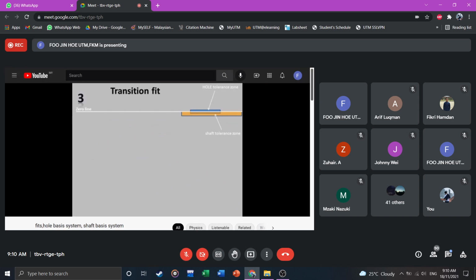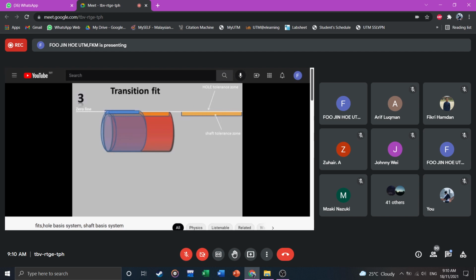This is an example of transition fit. In transition fit, the limits of hole and limits of shaft are arranged in such a way that you may get interference fit or may get clearance fit. This is the upper limit of shaft, lower limit of shaft, and tolerance zone of shaft. Similarly, upper limit of hole, lower limit of hole, and tolerance zone of hole.